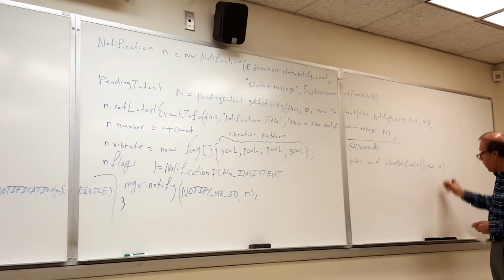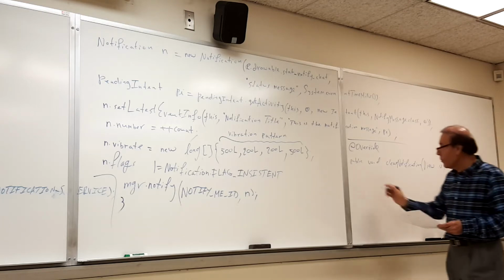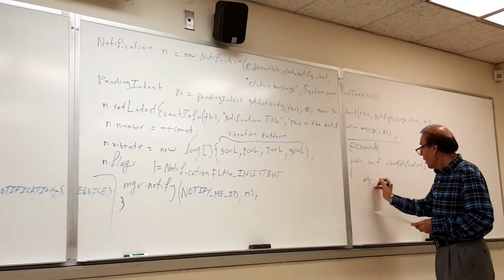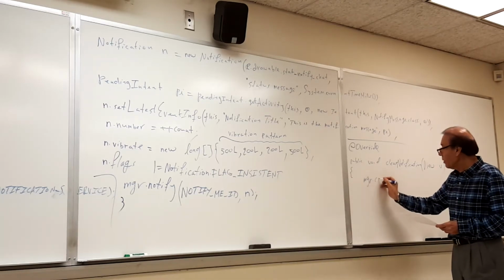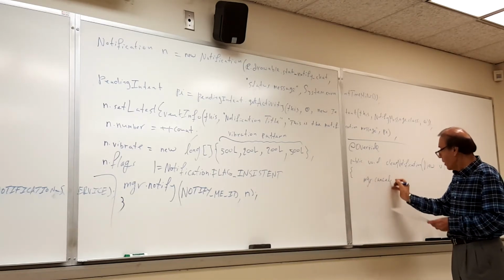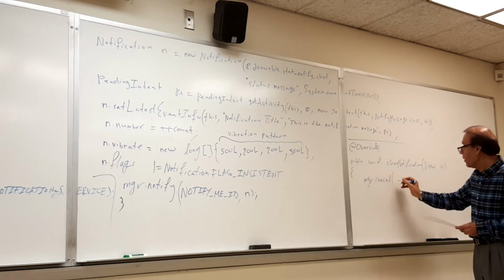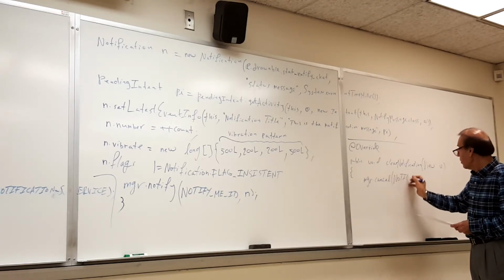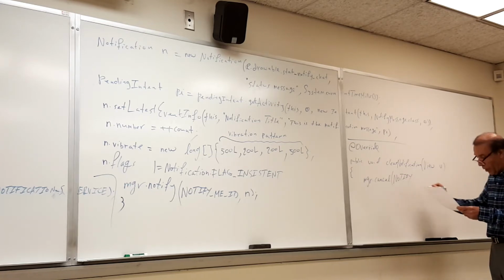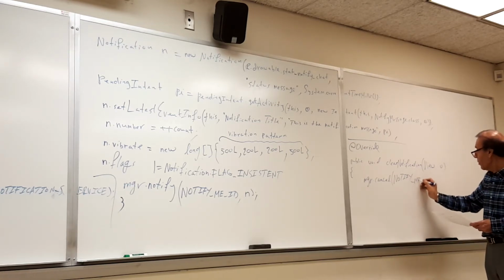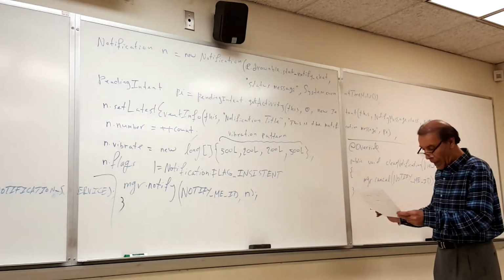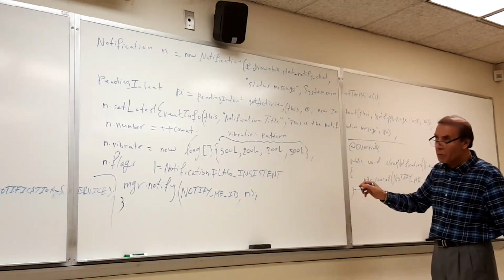Argument, DUV and mgr dot cancel, notify me ID, and I close my class.